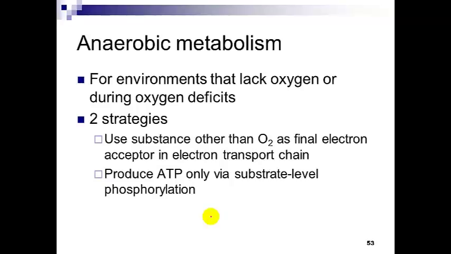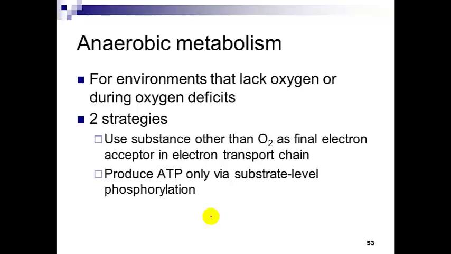But during times of oxygen deficits, let's say during vigorous exercise, where your heart is working hard to transport that oxygen-rich blood, there may be times when there's just not enough oxygen available to continue to supply the ATP for your muscles to continue to function. Or in some cases, you can lack oxygen entirely.